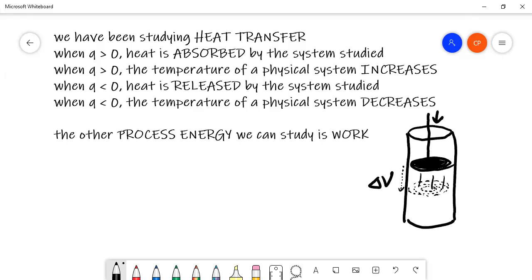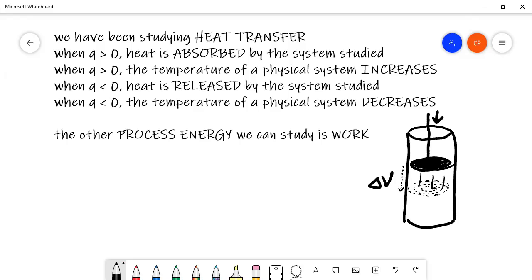And those of us who do the physics, what we do is we take our definition of work as a force applied over a distance. And we say by pressing this piston down some distance, the piston's got a cross-sectional area. By pressing it down by that distance, I've decreased its volume.